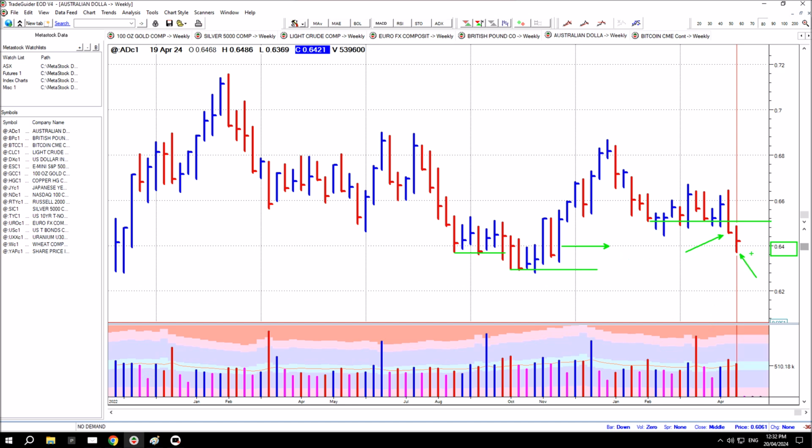It has tested the 64 level and closed just above it. So it may be that the Aussie dollar is going to trade in this range now with the last gasp support coming through here, about 63. So I'm expecting the Aussie dollar to be trading around the 64 level.